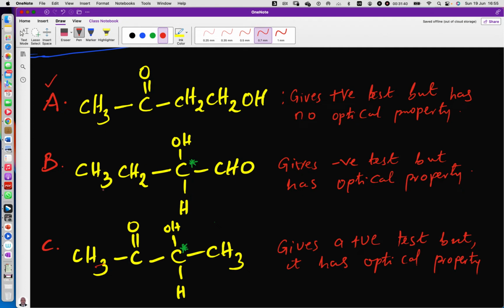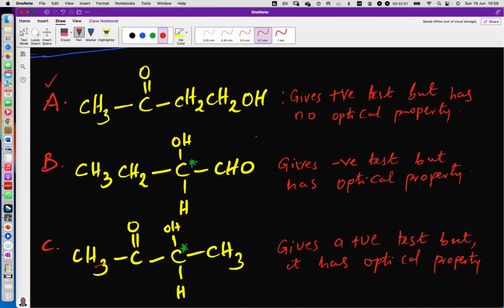Let's go to B. It must have a methyl group. It has but an ethyl group. This is not a methyl group. So this one will not give a positive test with alkaline aqueous iodine, because instead of a methyl group, it has an ethyl group.